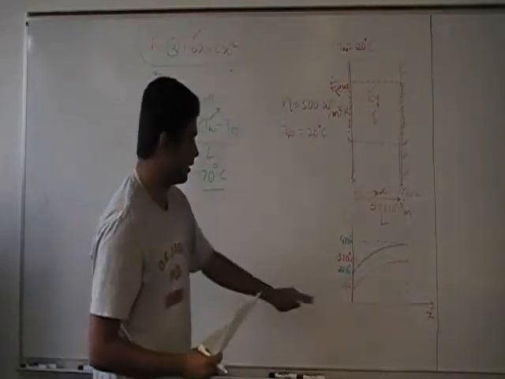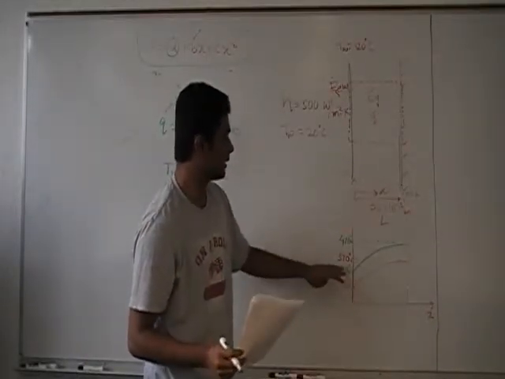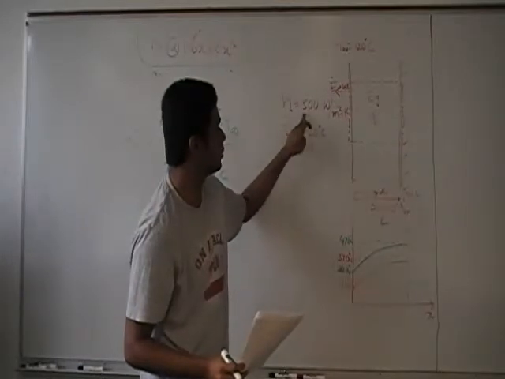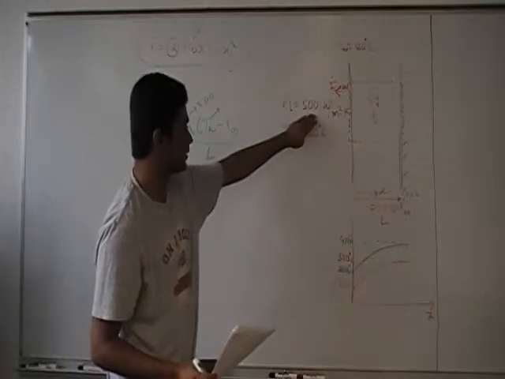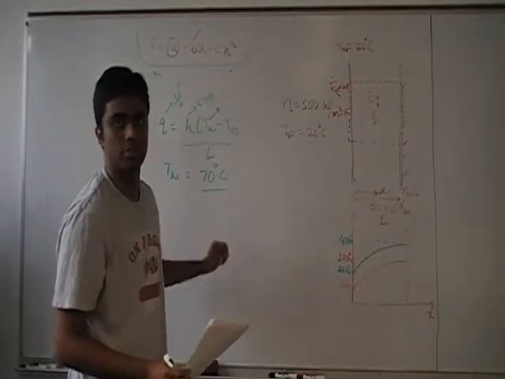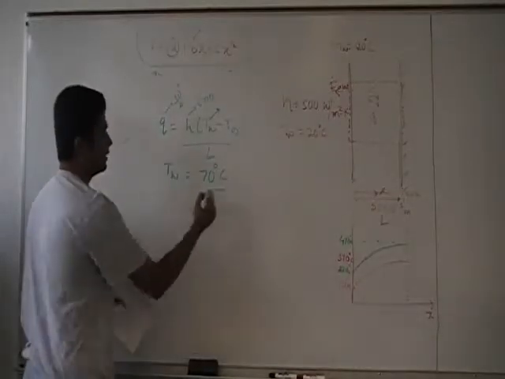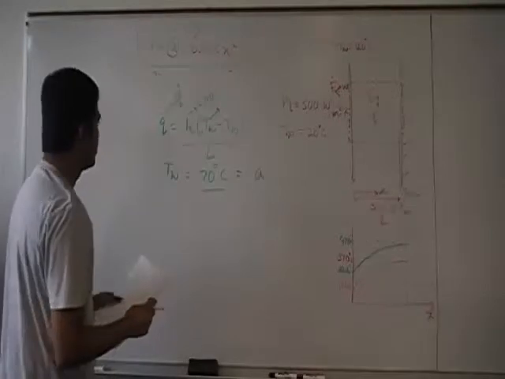It was previously 120 in the first baseline case, and then when the heat transfer coefficient was halved, it was 220. In this case, where the heat transfer coefficient is the same but the heat generation rate is reduced, the wall temperature reduces to 70 degrees Celsius. Now that is our A in this equation, so we already know that.